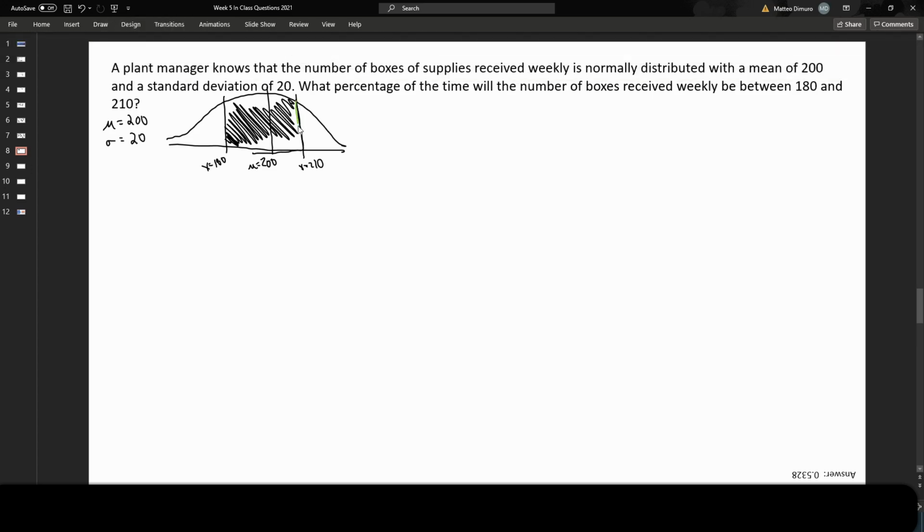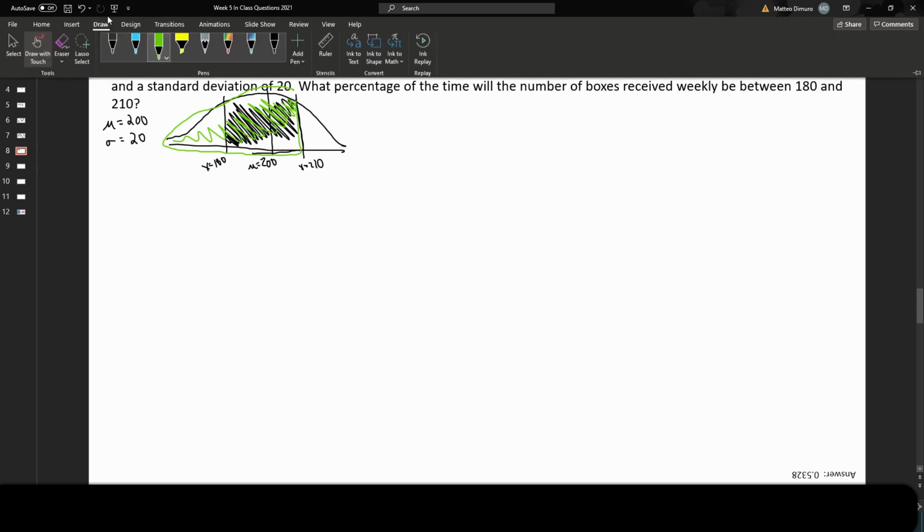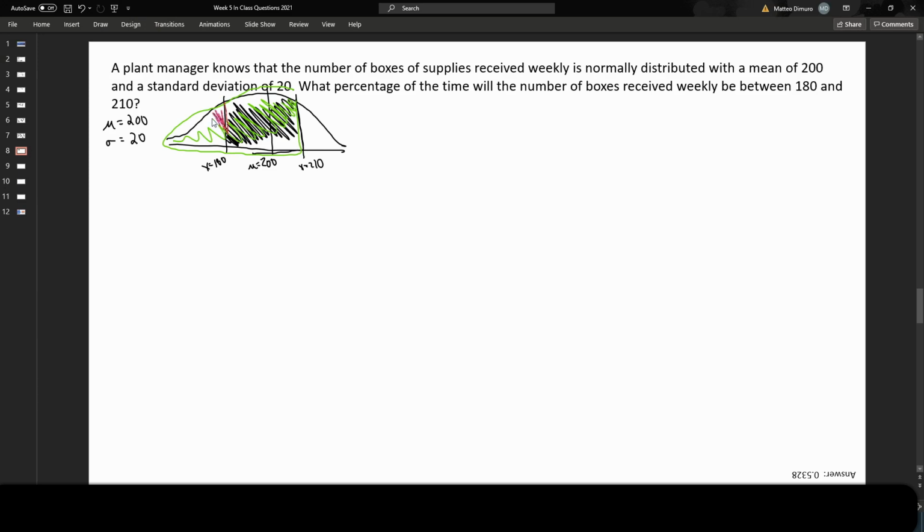You're going to be able to find this curve, so you'll be able to find the big green area, and then you'll be able to find this curve here. Visually you can see, if you know the entire green piece, and then you subtract the rainbow piece, you will be left with this in-between piece.